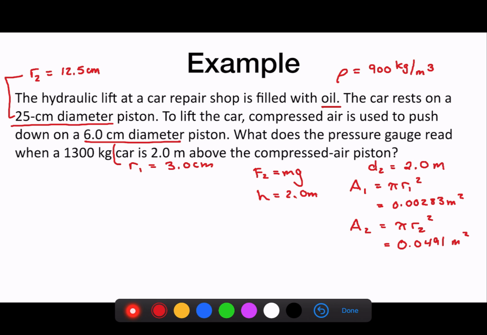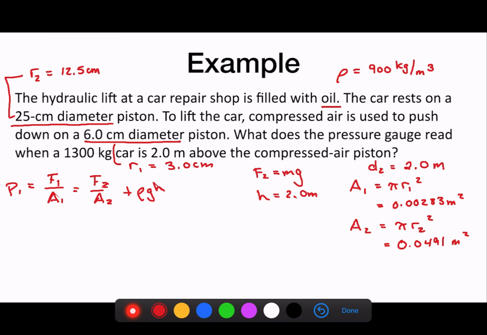So our question is asking about what the pressure gauge is going to read. So we're specifically looking for what P1 is. So P1, the pressure at that point, is going to be due to the force F1 divided by A1, the surface area.